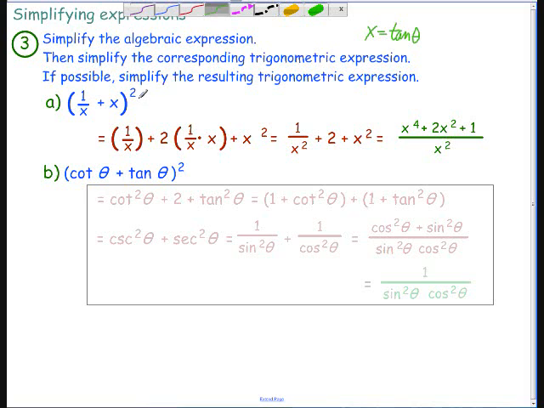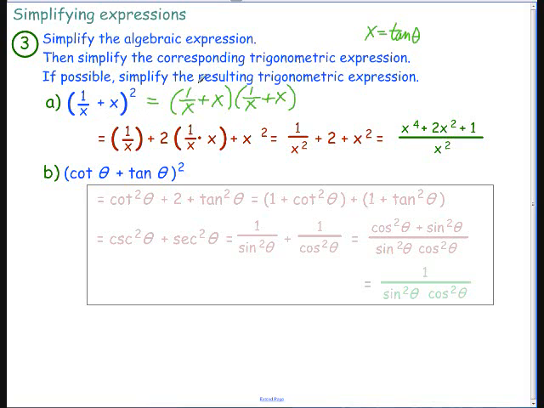If we square this, we end up with one over x squared. Let me work it out this way. 1 over x plus x times 1 over x plus x.